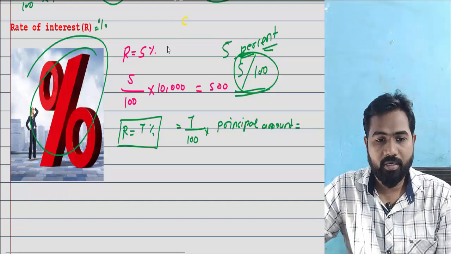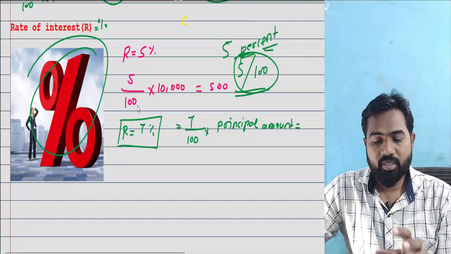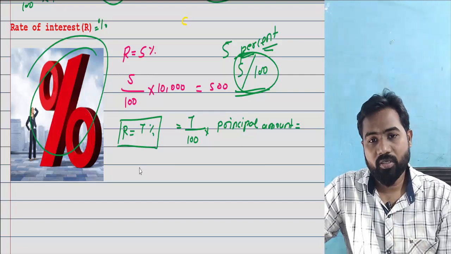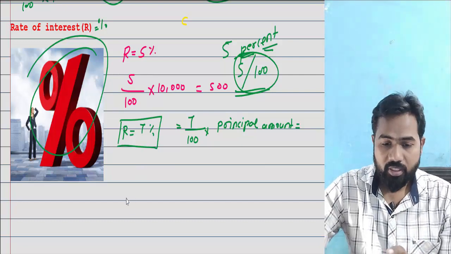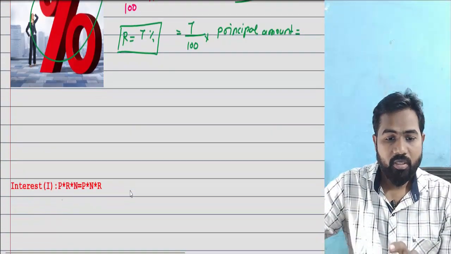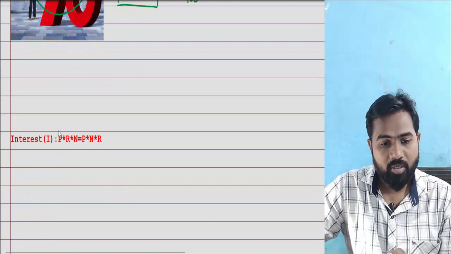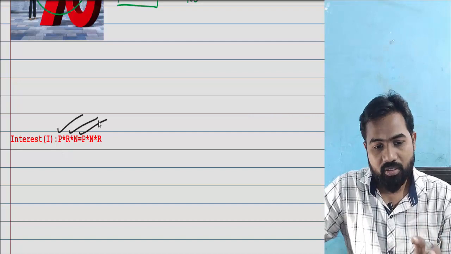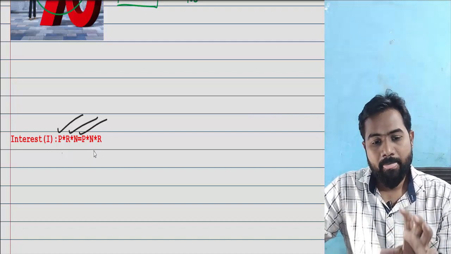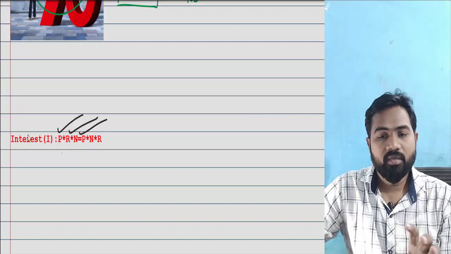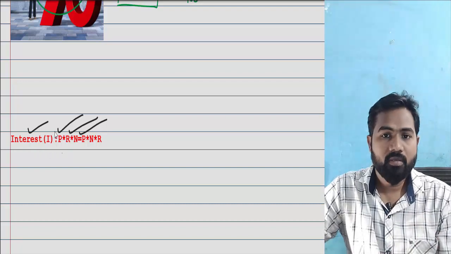Hopefully everyone is getting it. So this part was very important to find out the compound interest. In general, we need a principal amount, the rate of interest, and the number of years. So these three things we need to multiply, and then we'll get the interest paid by the borrower to the bank.